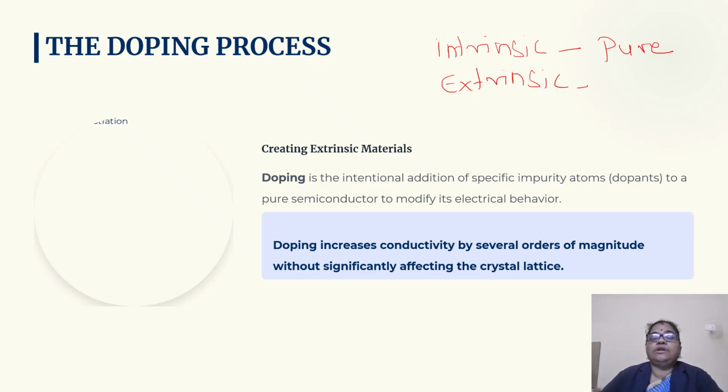In order to increase the electrical conductivity, we go for a doping process. Doping increases the conductivity by several orders of magnitude without significantly affecting the crystal lattice. So that's why we go for doping.